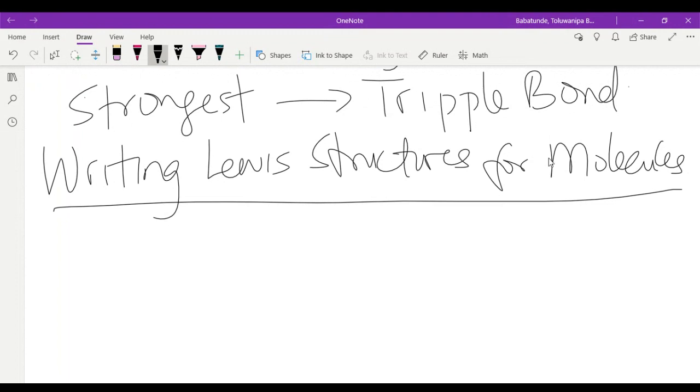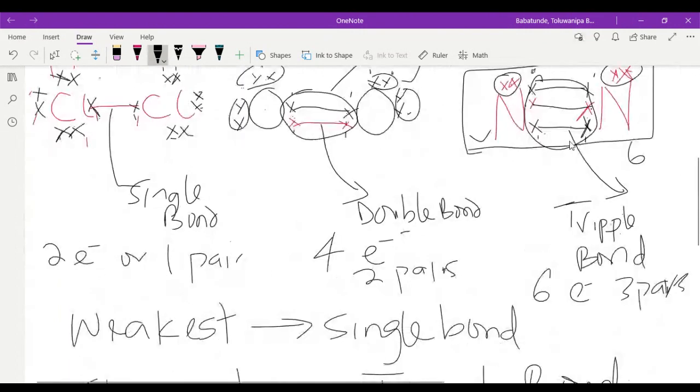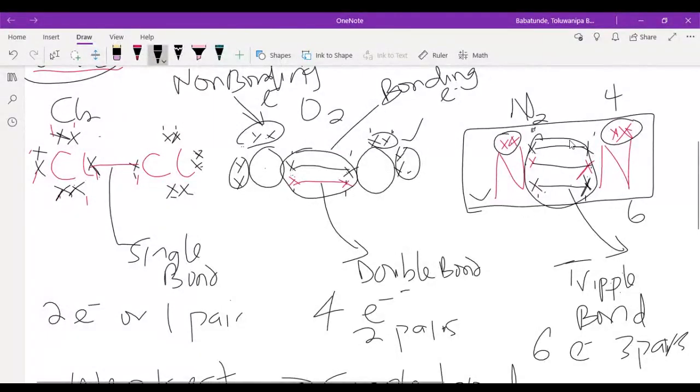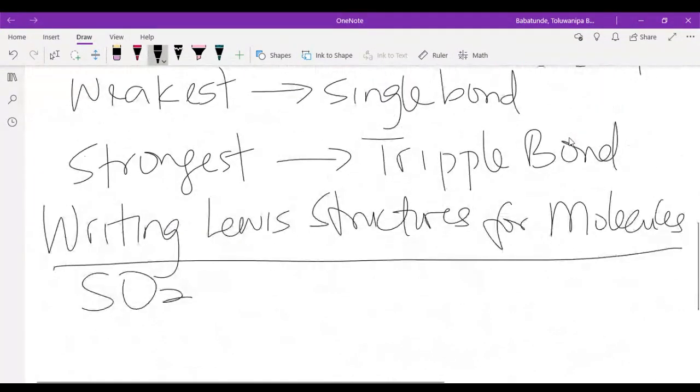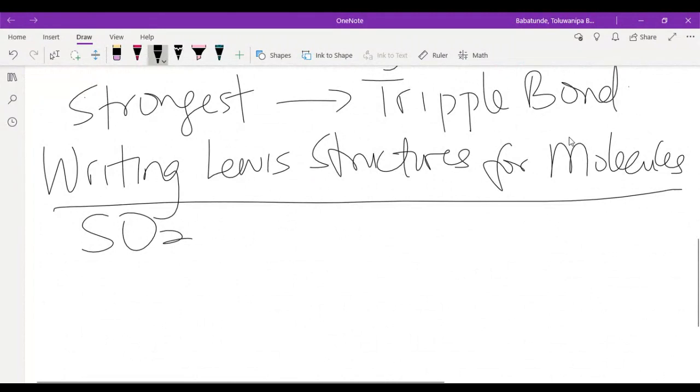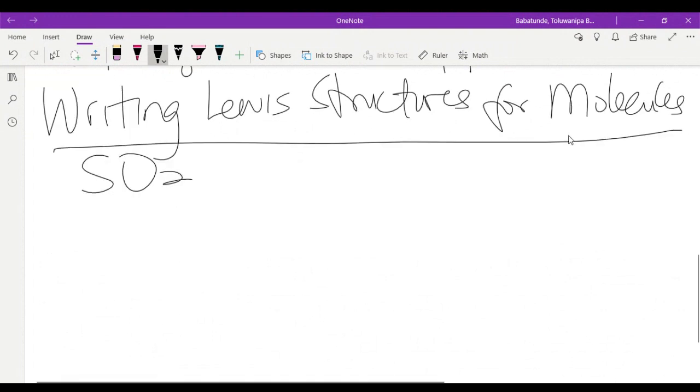For example, let's say we want to draw the Lewis structure for SO2 molecule. We have 3 atoms here, 2 of oxygen and 1 of sulfur. We cannot just write it the way we have done these ones, because these are homoatomic, which is same element but just 2 atoms. But when it comes to this, we cannot just use that. We have rules that we have to follow, and I will show us how we apply rules.